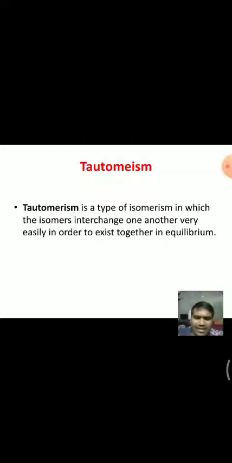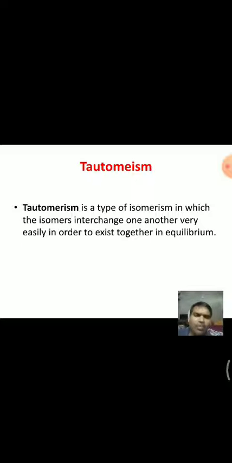Generally, the conversion from one isomer to another occurs due to the shifting of hydrogen. Due to a 1,3 shift of hydrogen, the interchange of isomers occurs. That means the tautomers are readily interchanged from one isomer to another.